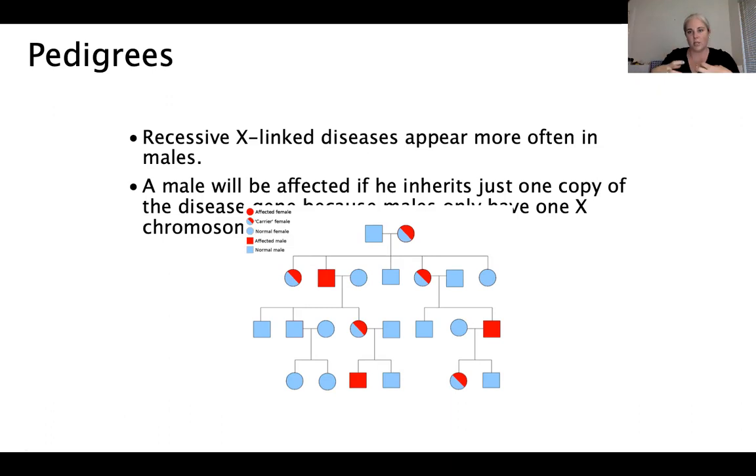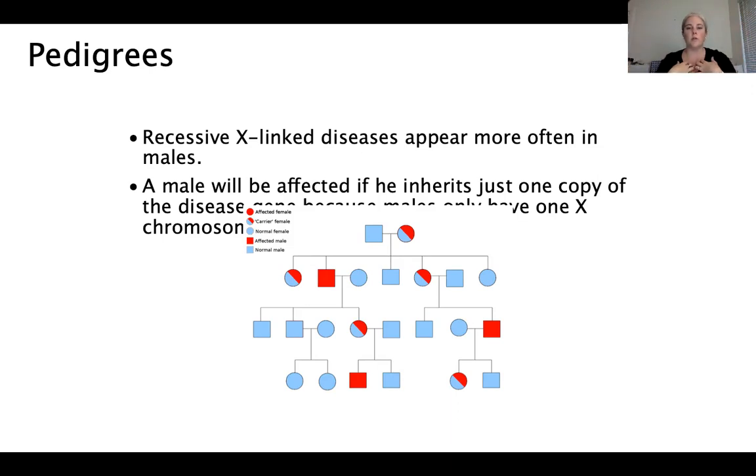However, remember, when you undergo meiosis and you go to make eggs, both X's are activated and randomly assort. And so you can pass on, even though you're functioning normally enough to not really have the disorder, either a functioning version of that gene on the X chromosome, or a non-functioning version of that gene on the X chromosome.